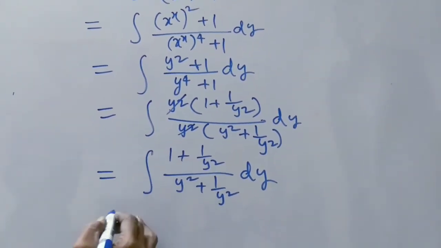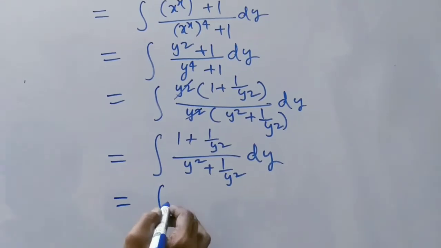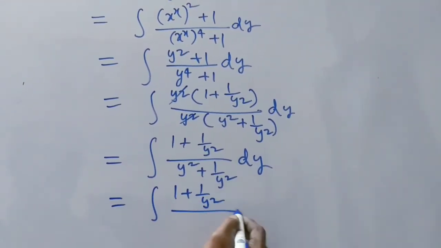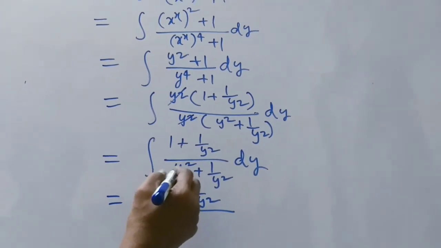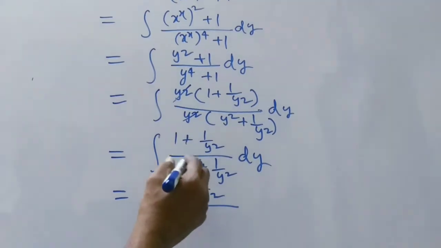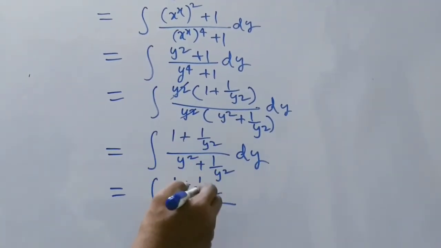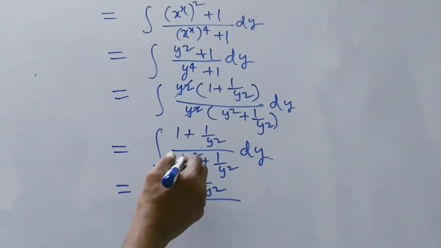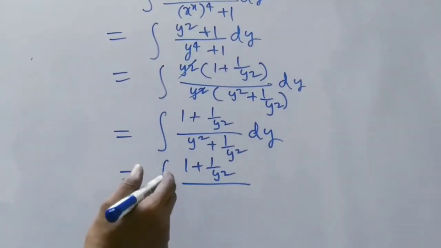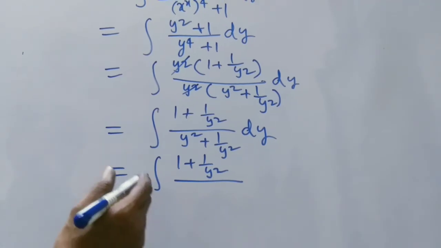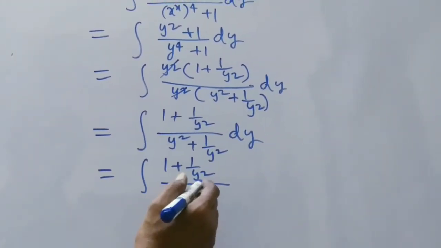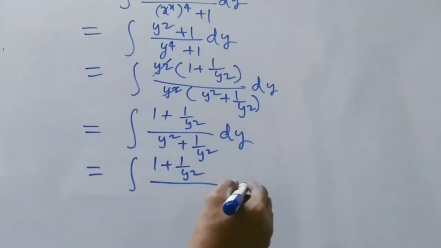So that is equal to integral of 1 plus 1 by y square by, here a square plus b square is appearing. So we can write it as y minus 1 by y whole square plus 2.